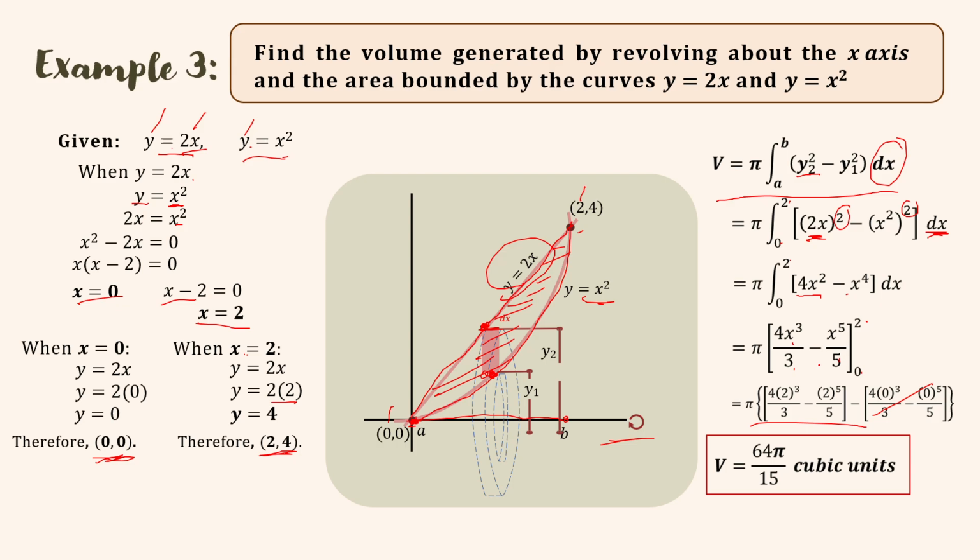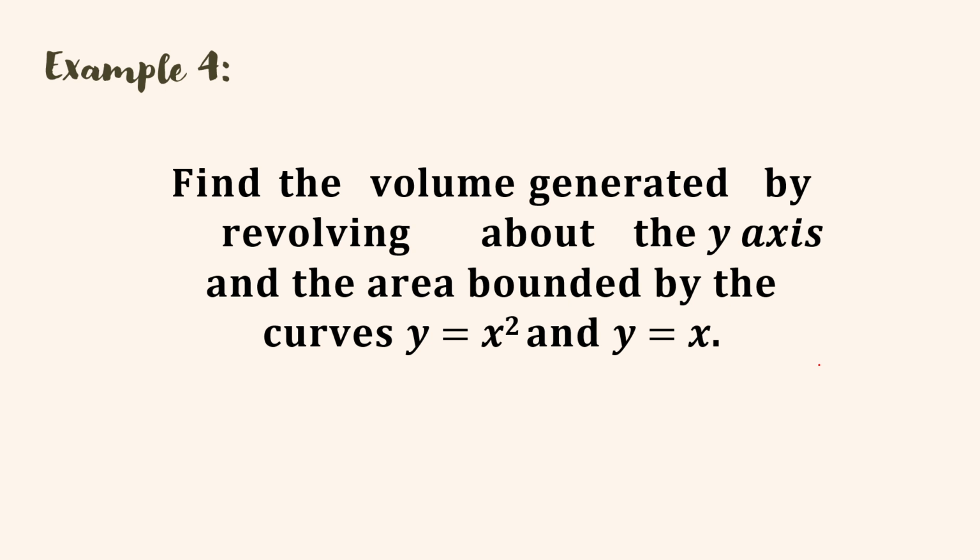So that's it for the axis of rotation along the x-axis. Next, proceed. Find the volume generated by revolving about the y-axis the area bounded by the curves y is equal to x squared and y is equal to x.